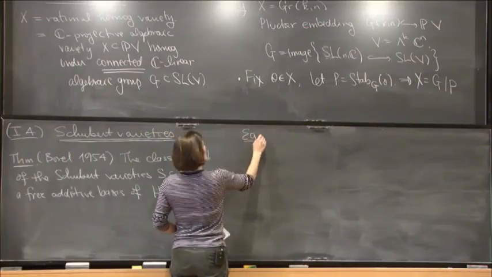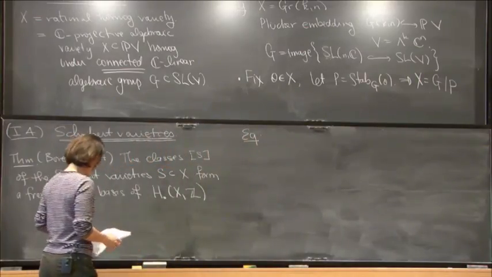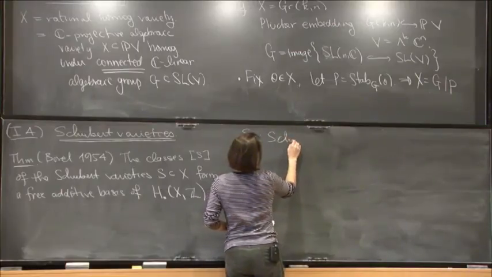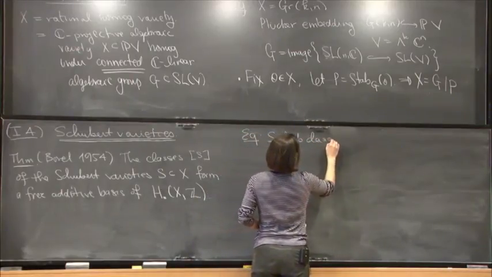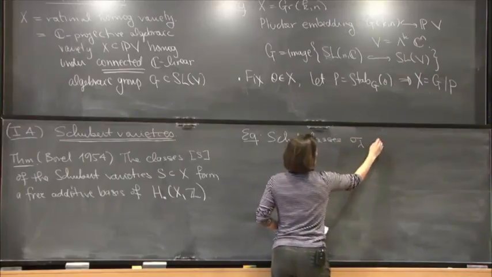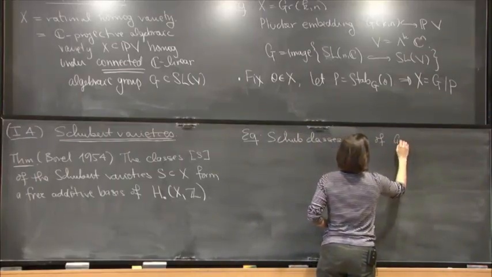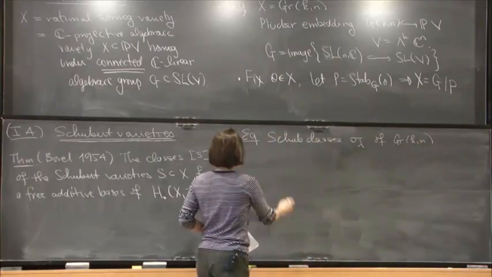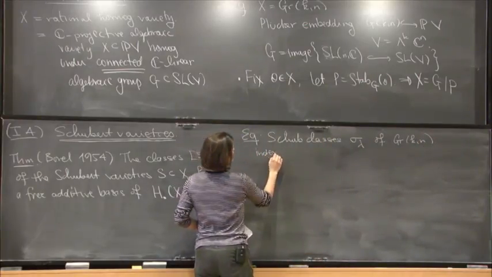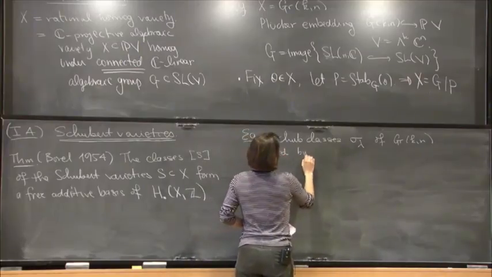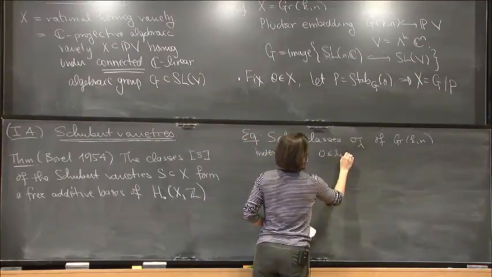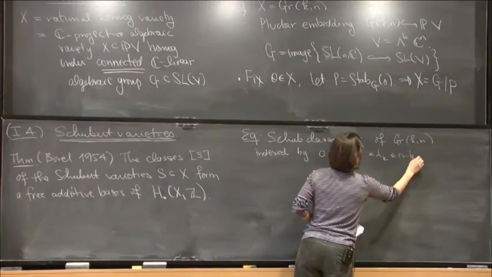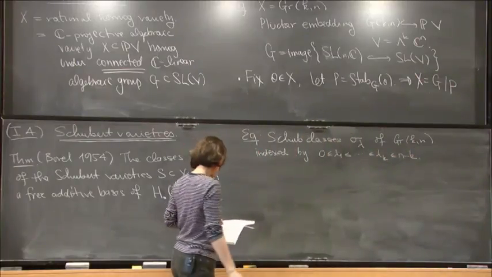So the running example to keep in mind for this talk are the Schubert classes sigma sub lambda of the Grassmannian of K-planes in N space. These are indexed by increasing sequences of length k bounded between 0 and n minus k.